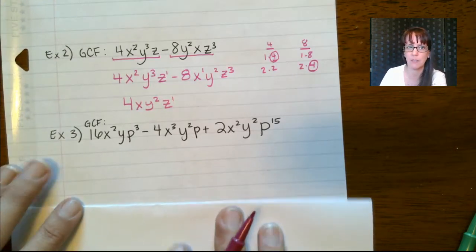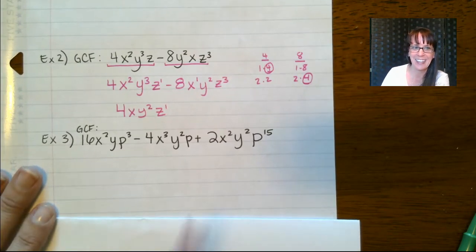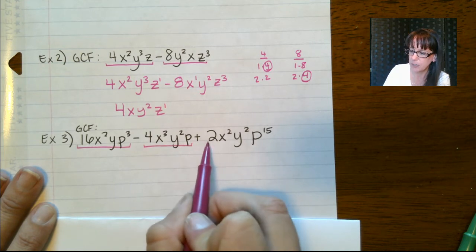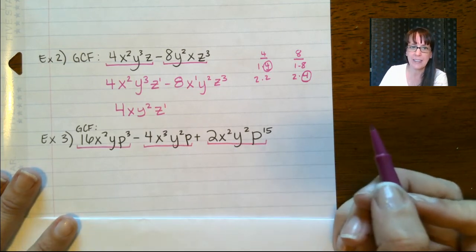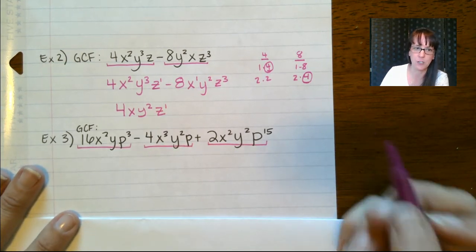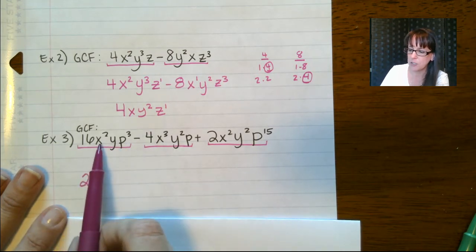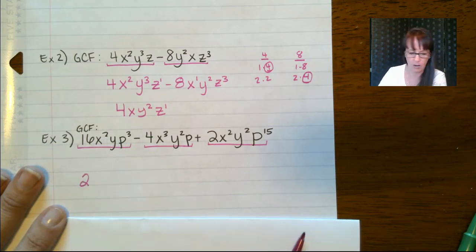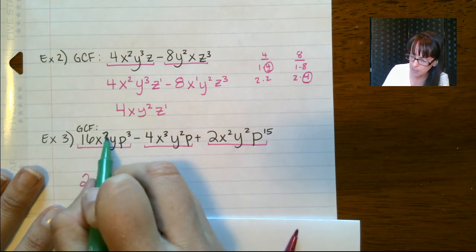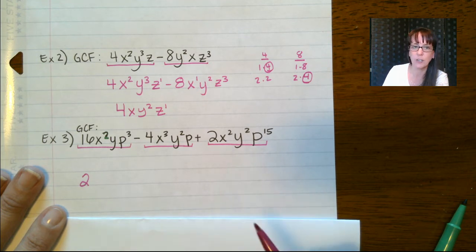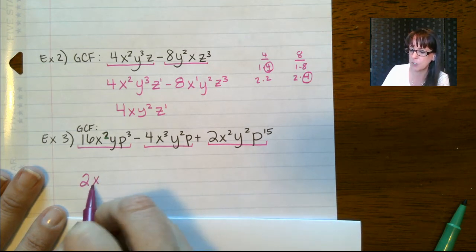All right, greatest common factor here. We got 16, 4, and 2. So looking at that, our largest common factor is going to be a 2. So we take out a 2, and then we have 2 x's there. And then 3 here, 2 here, which means the least number I can take out is 2.